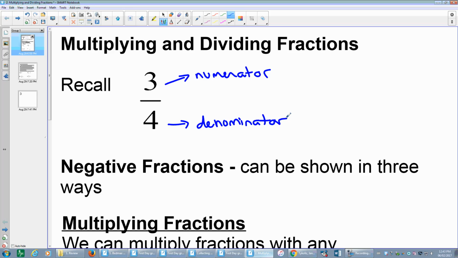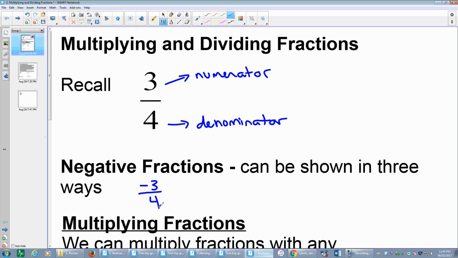Something that is new, or maybe that you haven't really seen, negative fractions. We can have negative fractions, and they can be shown in three ways. So I'm going to show you three different ways that you can actually write a negative fraction. I'm going to take this 3/4 and write it in three ways that is a negative fraction. So I can have -3/4.